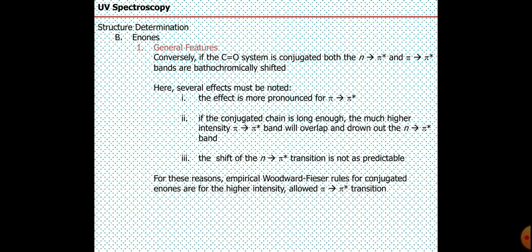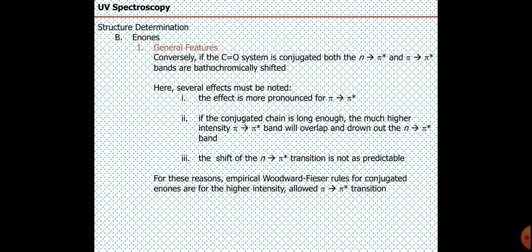So in carbonyl systems, two types of transition occur, that is n to pi star and pi to pi star, and both the bands are bathochromically shifted. Here several effects must be noted, which can affect the n to pi star and pi to pi star transitions. The effect is more pronounced for the pi to pi star transition.